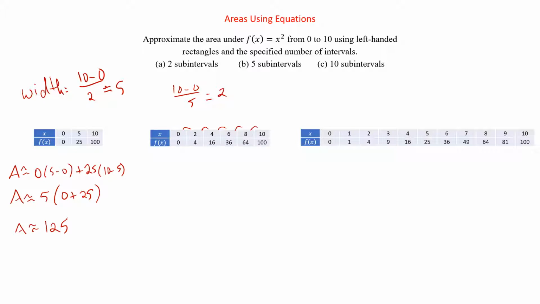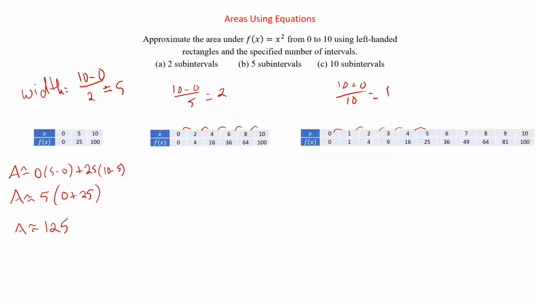And then we'll find the left sum. In the next one, 10 minus 0 over 10 is 1, and so the width is always going to be 1. We can make our table. It's just a good way of organizing your information, and that way you're always working from the same thing. There's less chance of making mistakes that way.